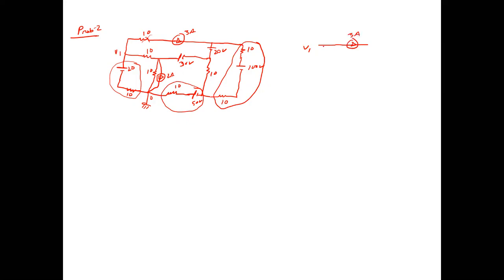And this V1 to another, this line is finished. Now this uses only this resistance. Now we need the source conversion on this portion.